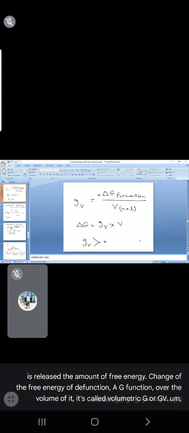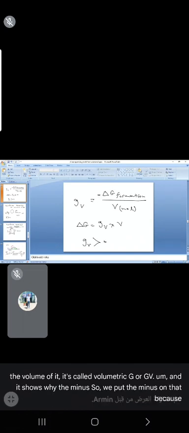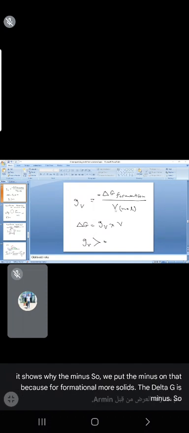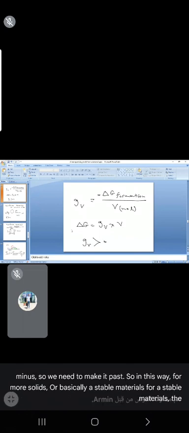And it is shown with a minus. We put a minus on that because for the formation of most solids, the delta G is negative, so we need to make it positive. So for most solids, or basically stable materials, the GV is bigger than zero.